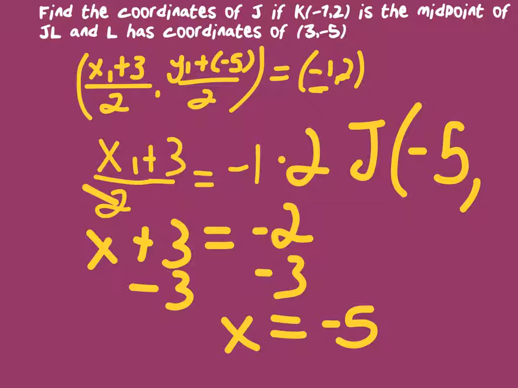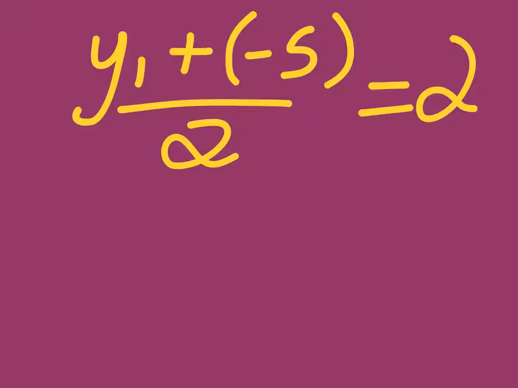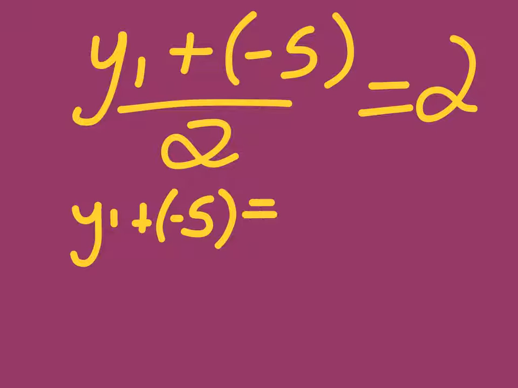Now we have to find its y coordinate. The same thing that we did, except with the y's. Here, I'm going to multiply by 2, and I'm going to have y1 plus a negative 5 equals 4, because I multiplied this side by 2 and this side by 2 over here.